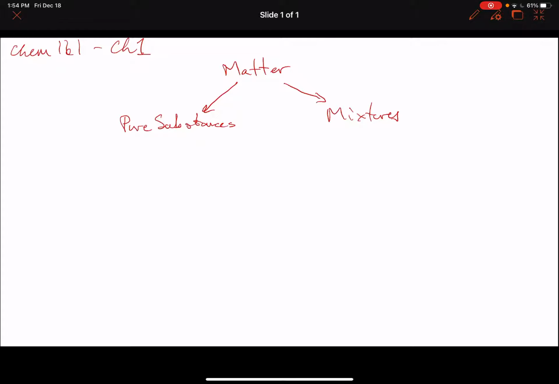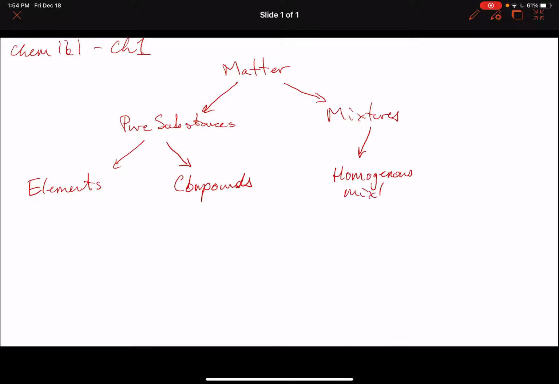So pure substances can be further divided into two different classes of materials. And we can have elements, and pure substances can also give us compounds. Mixtures, on the other hand, we can divide mixtures into homogeneous mixtures.